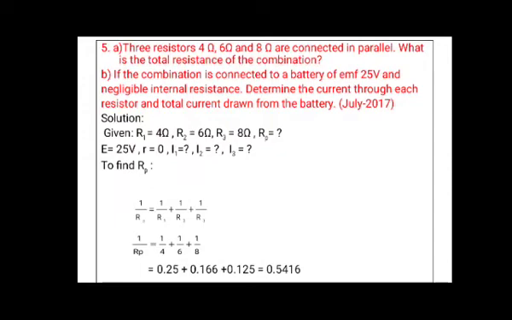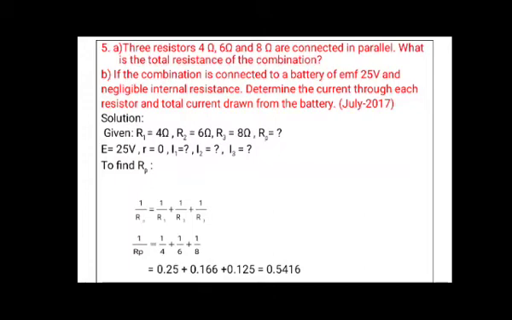Then EMF E = 25 volt, negligible internal resistance, so small r = 0. Then we have to find out I1, I2 and I3. To find I1, I2, I3, definitely main current I is required. So that also we have to find out.